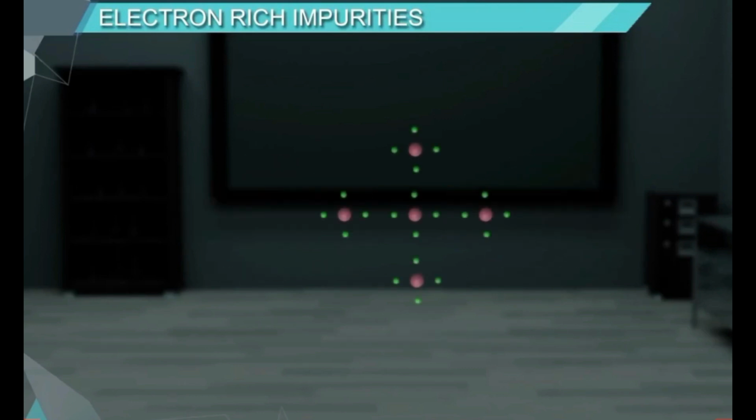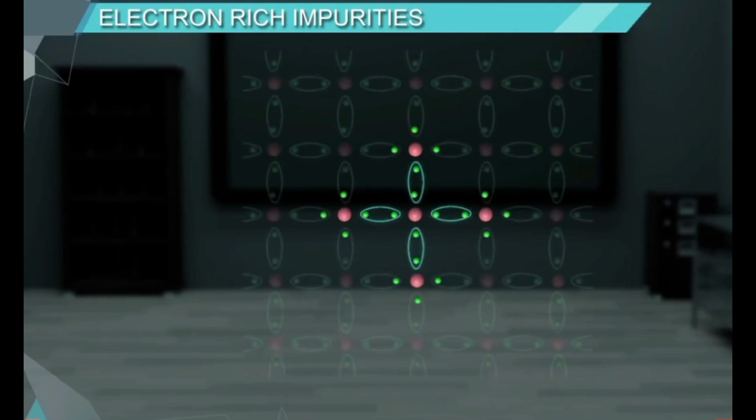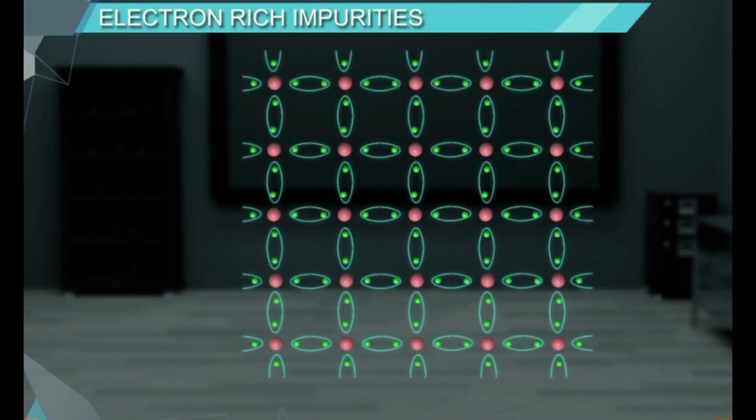In pure silicon, each silicon atom uses its 4 valence electrons for the formation of 4 covalent bonds with the neighboring silicon atoms. When silicon is doped with some group 15 elements, some of the positions in the lattice are substituted by atoms of the group 15 element.